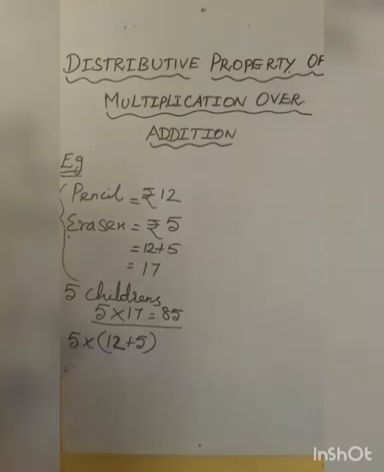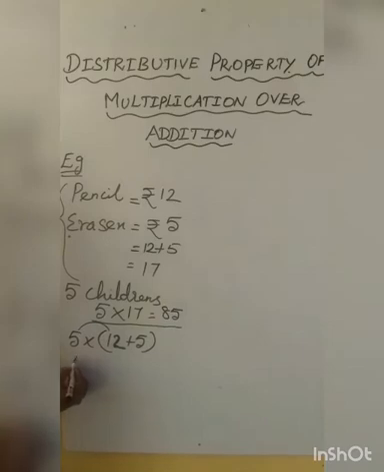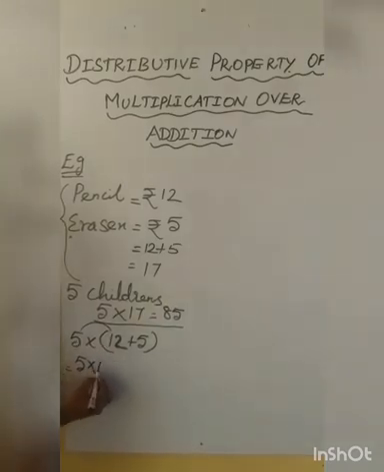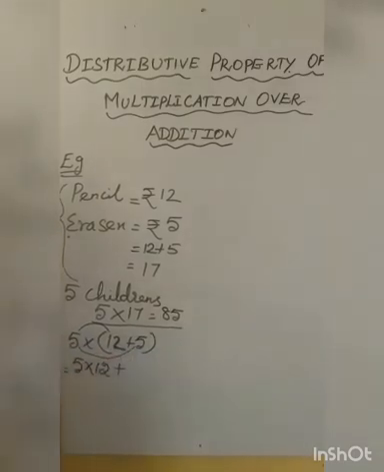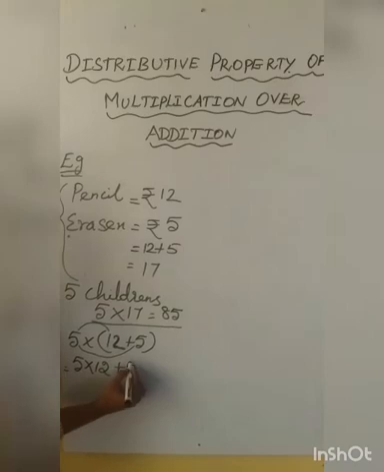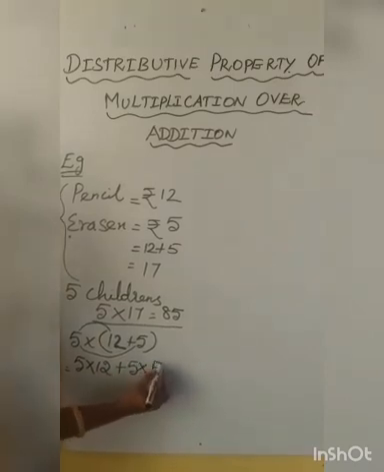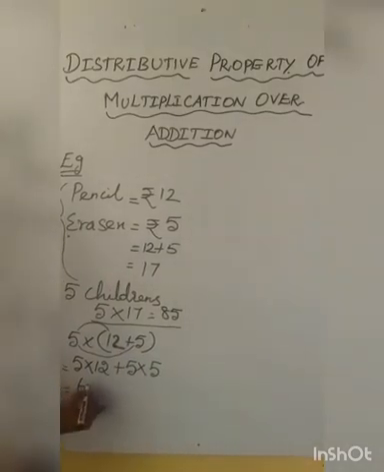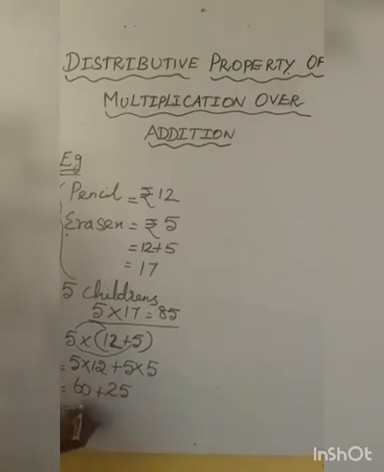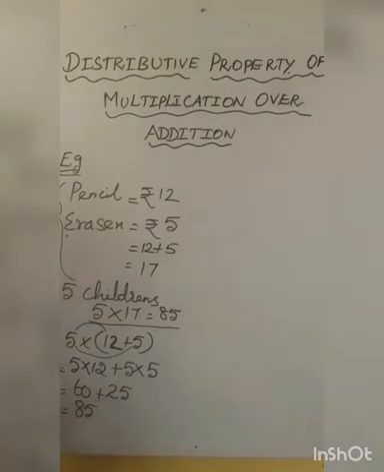Next I multiply the separate numbers. First I take 5 multiplied by 12, plus 5 multiplied by 5. In the multiplication table, 5 twelves are 60, plus 5 fives are 25. Next add these two numbers, and you get the answer 85.